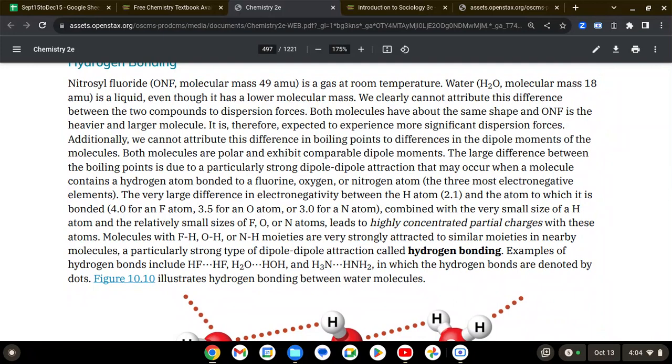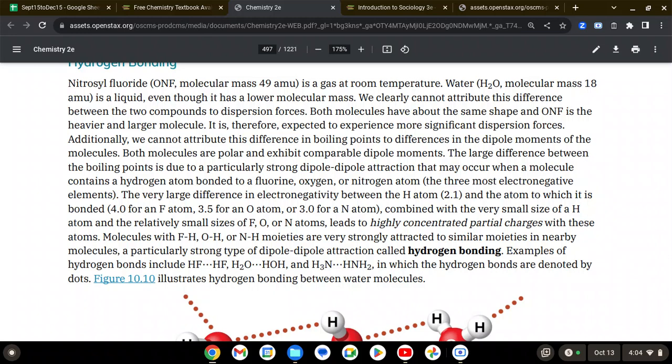The large difference between the boiling points is due to a particularly strong dipole-dipole attraction that may occur when a molecule contains a hydrogen atom bonded to a fluorine, oxygen, or nitrogen atom, the three most electronegative elements.